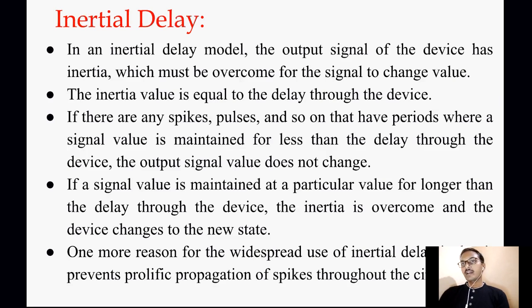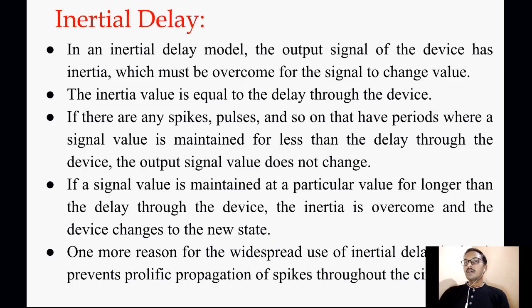If there are any spikes, pulses, and so on where a signal value is maintained for less than the delay through the device, the output signal value does not change. If the signal value is maintained at a particular value for longer than the delay through the device, the inertia is overcome and the device changes to its new state. So this is the inertial delay.